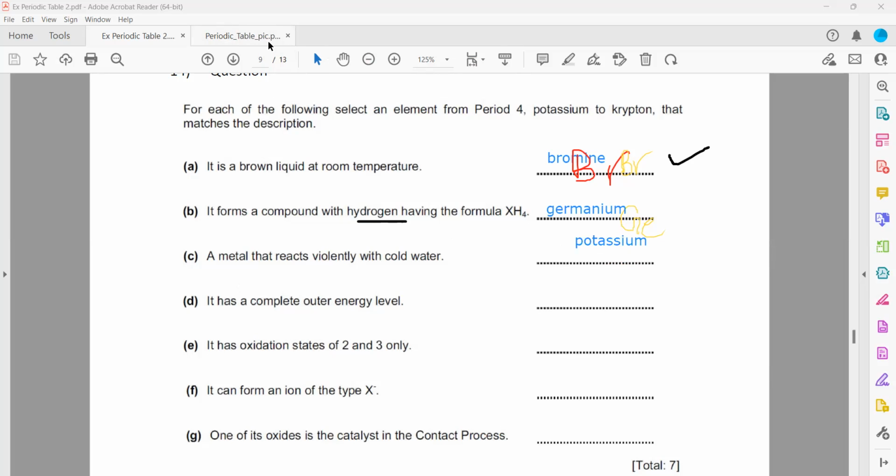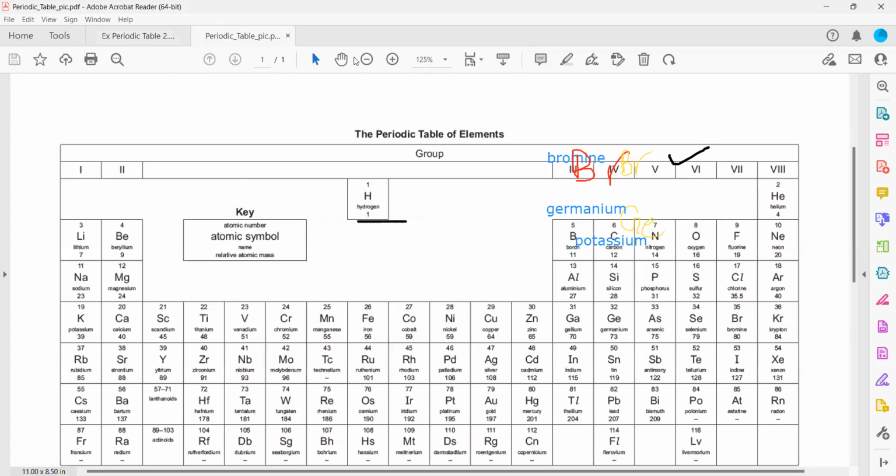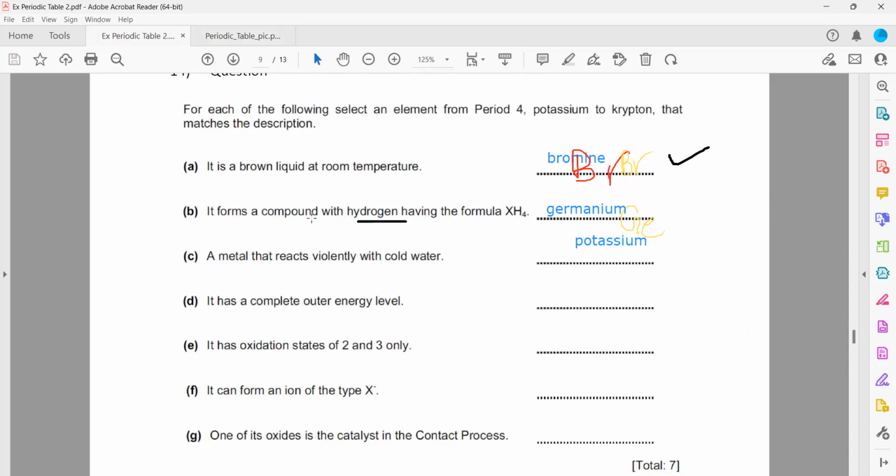Because you have to select the element from period 4. You're restricted to this period. You cannot select any element other than this period. Cesium is not in period 4, it's period 6. So you have to select element from period 4 only. That's why potassium is the right answer.